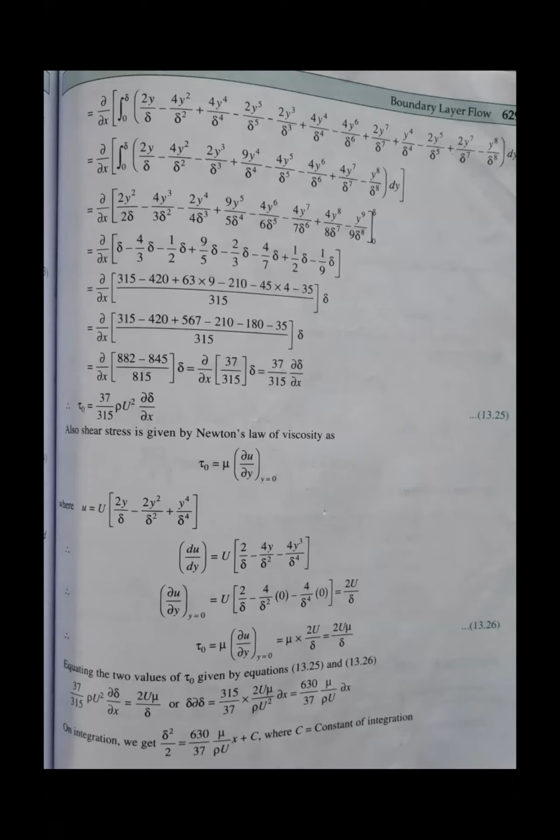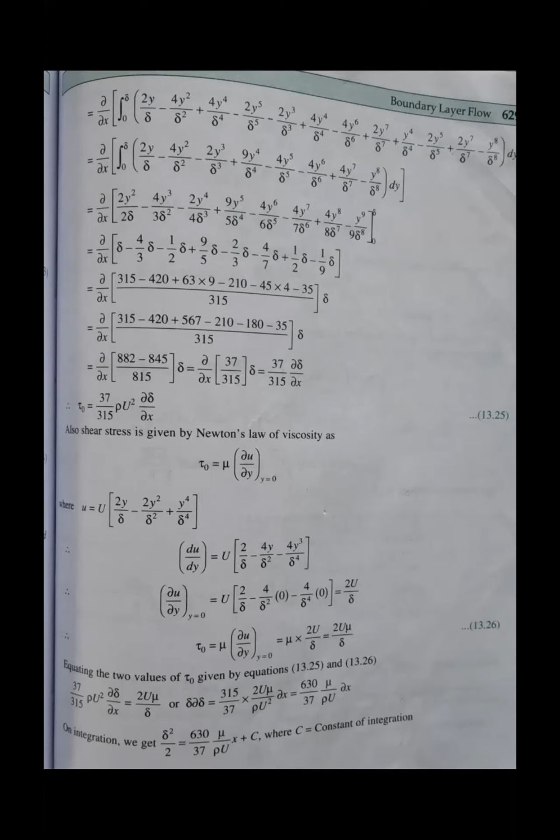So then you have to multiply the second term outside the bracket, minus 2y by delta whole cube, with all the terms inside the bracket. In that way, you have to multiply carefully and get four more terms.